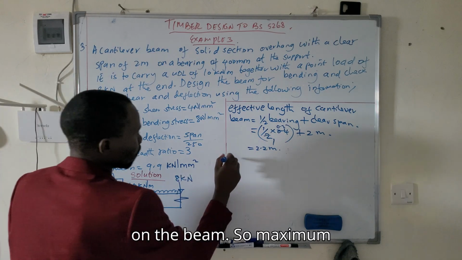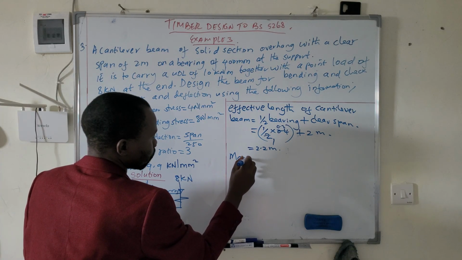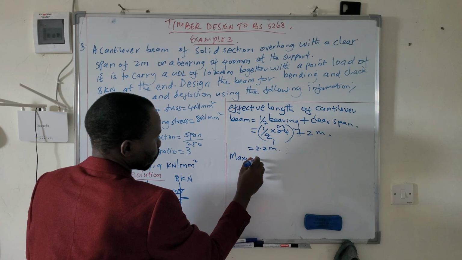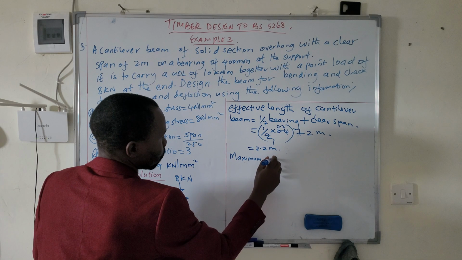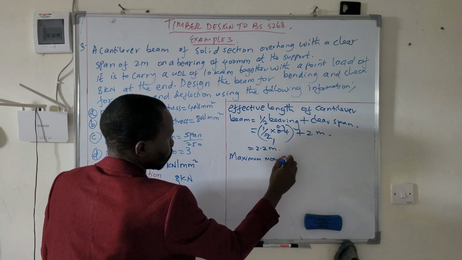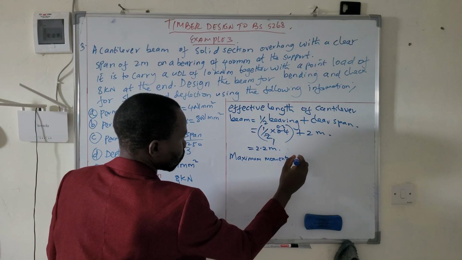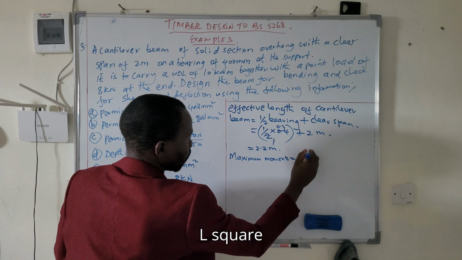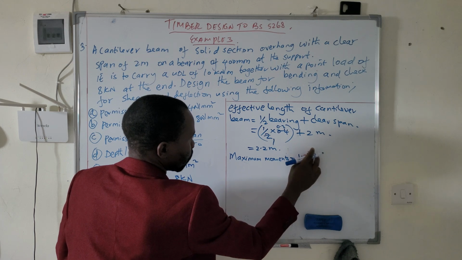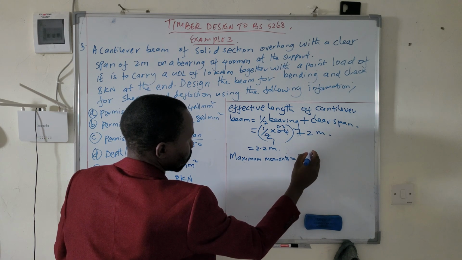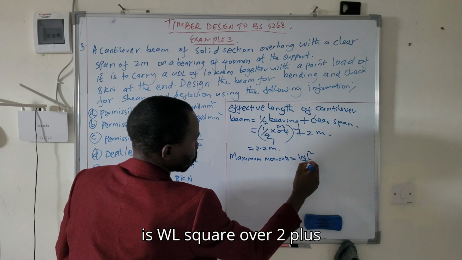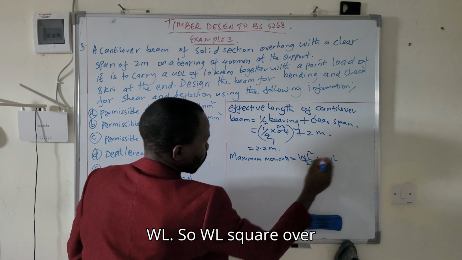So the maximum moment is equal to WL square over 2 plus WL.